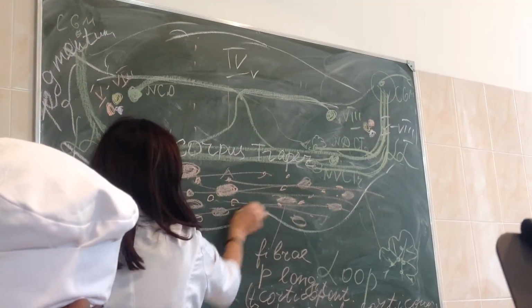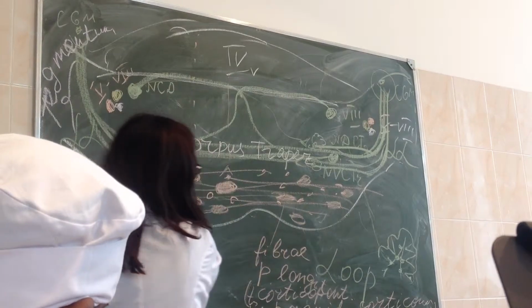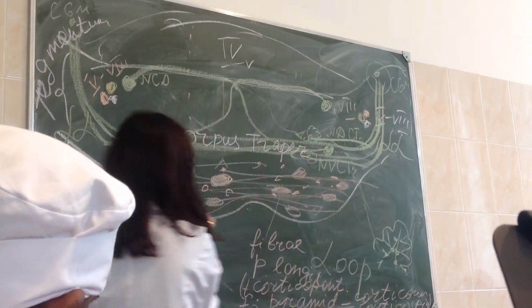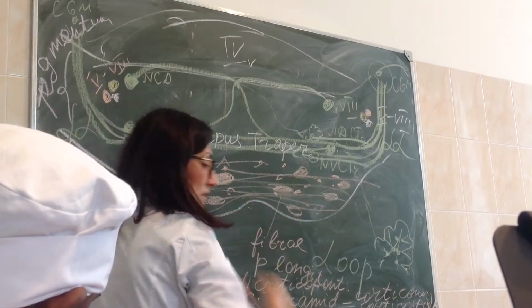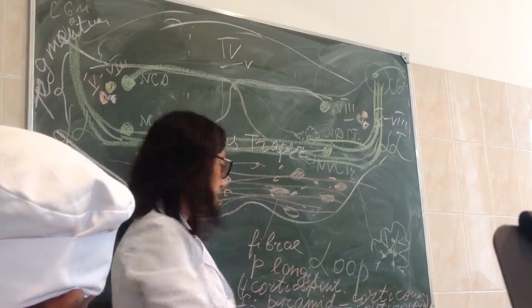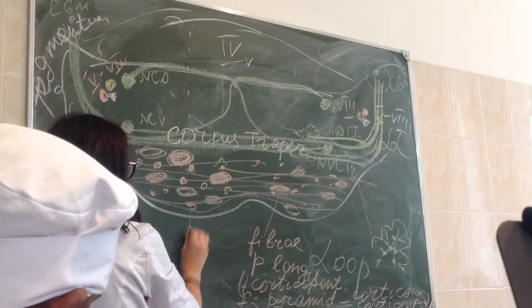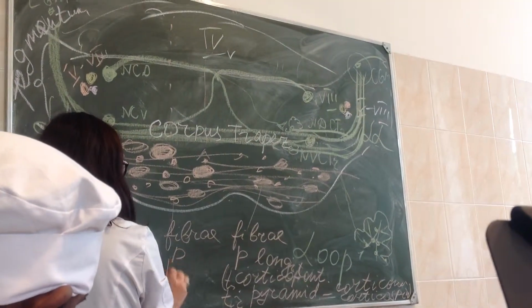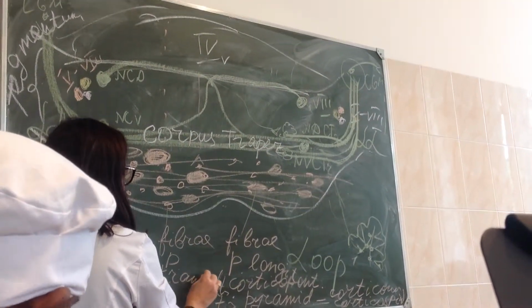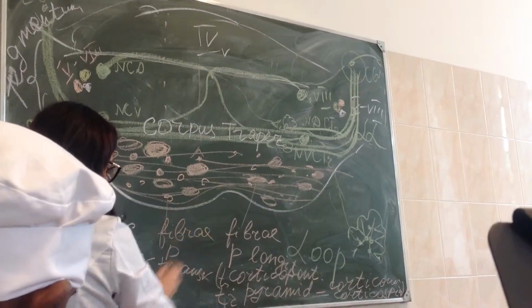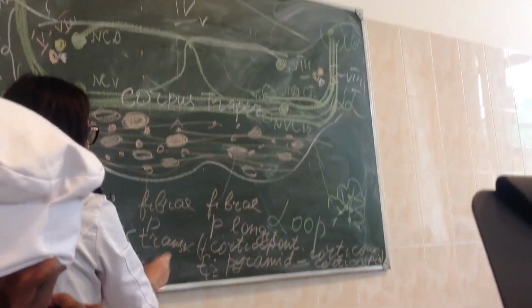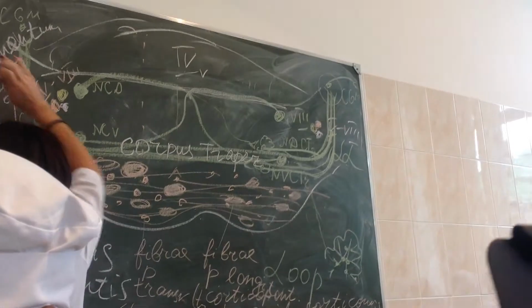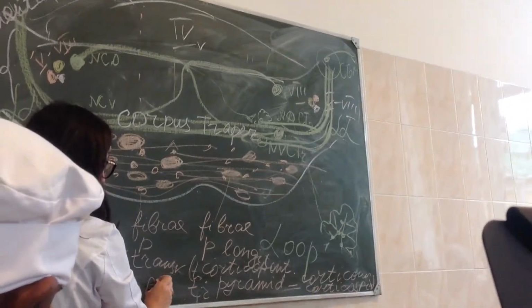That is why on the external surface of the pons we have transverse fibers. What name do they have? Fibrae pontis transversae. It is the shape of the fibers, but what tract passes? From the pons it goes to the cerebellum. Tractus pontocerebellaris.